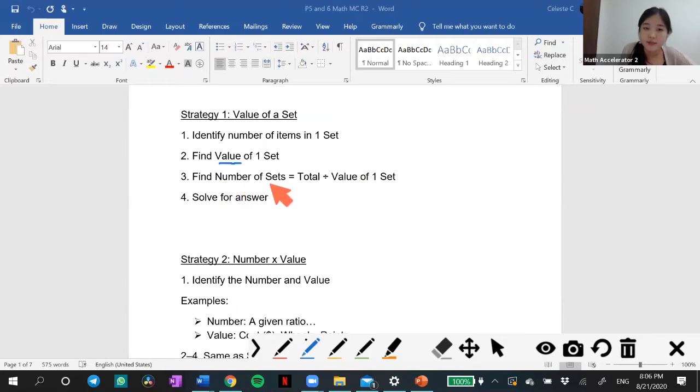Step 3, find the number of sets by using the total divided by the value of one set. Last but not least, solve for the answer. They might ask you differently in every question, so do not stick to only one method for step 4. You have to read the question carefully and see what they're asking you for.